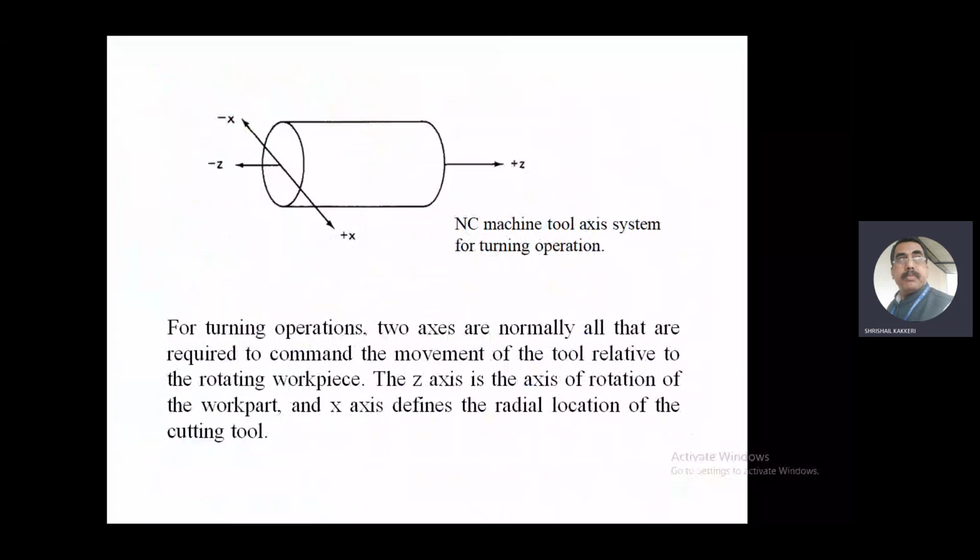Along the axis of the cutter, the Z axis will be there, and perpendicular to that, the two axes will be X and Y. In the CNC turning centers, along the workpiece axis it is the Z axis, and the X axis will be for step turning or something like that. Z and X both together will prepare the taper.